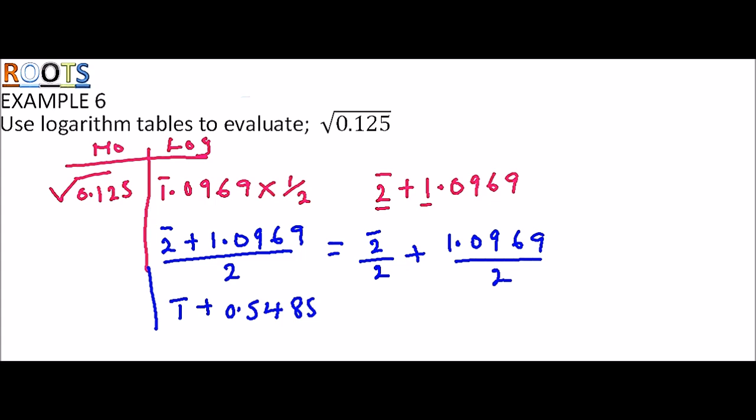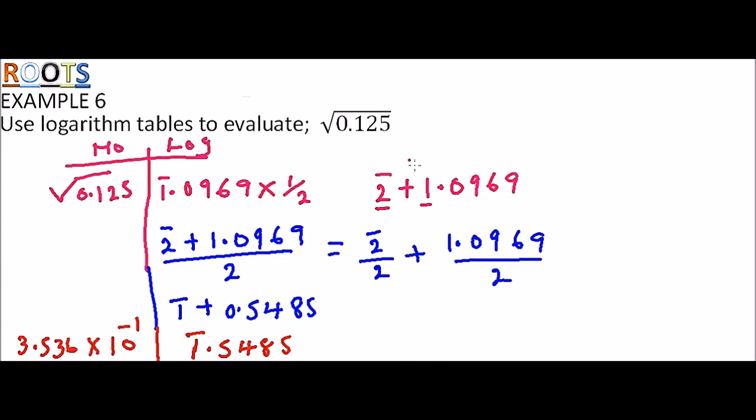And now we can combine and say this is equal to bar 1.5485. And what this means is that here we have 10 to power minus 1 represented by bar 1. Then we get the anti-logarithm of 0.5485, which is the same as 3.536.